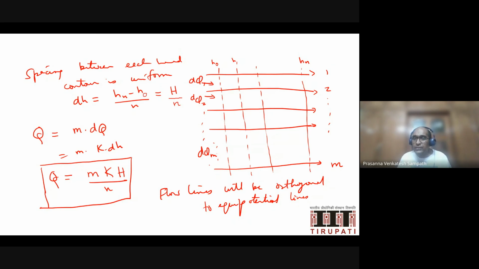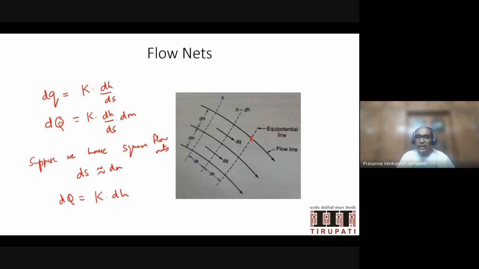That presumes that dq1 is equal to dq2 is equal to dq3, which again works on the presumption that we have square flow nets. That's where the whole thing started. Suppose I have square flow nets, then only can I say dq equal to k times dh, because only then this ds and dm cancel out here. So I'm trying to maintain that.